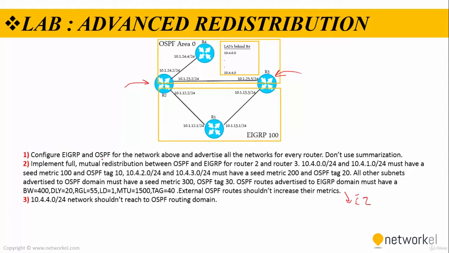Configure EIGRP and OSPF for the network above and advertise all the networks. Don't use summarization. I'm gonna configure router 3 just for the basic EIGRP and OSPF configuration. Redistribution configurations will be made on router 2, but the same configs should be made also for router 3 as I said before. Alright, let's go ahead with router 1.